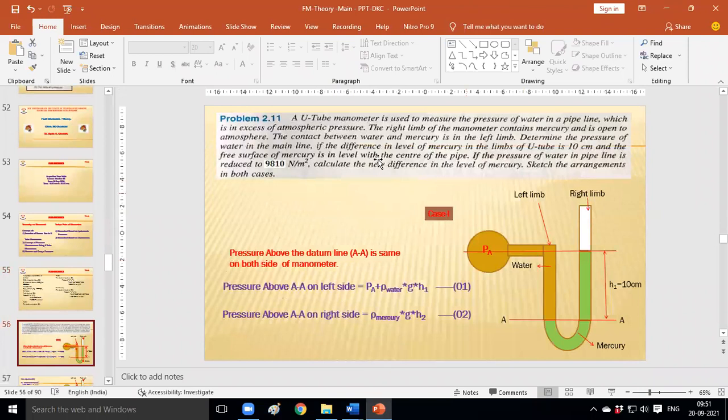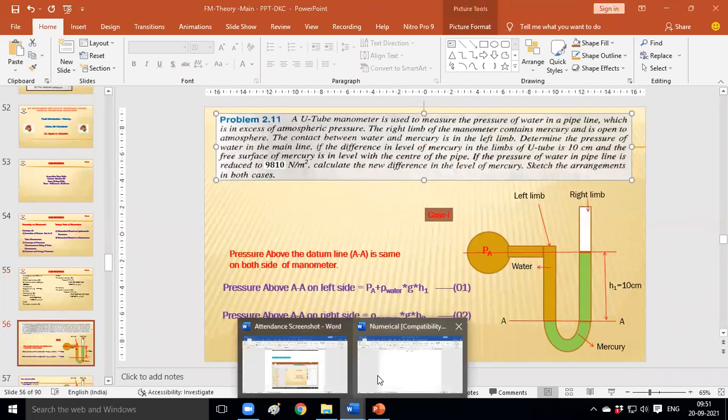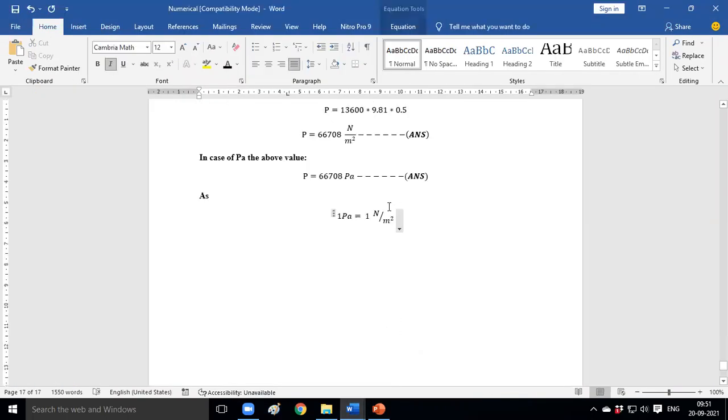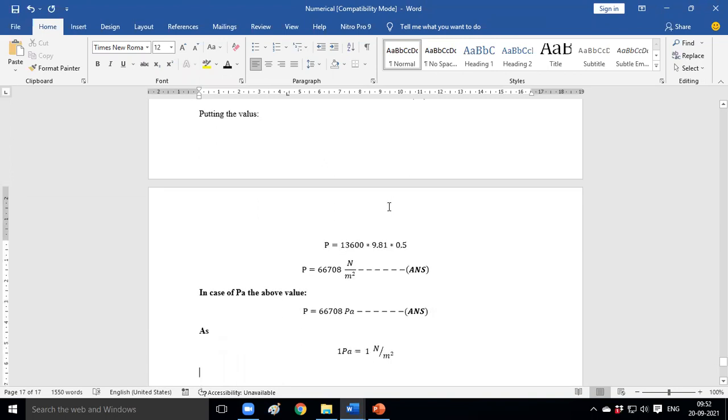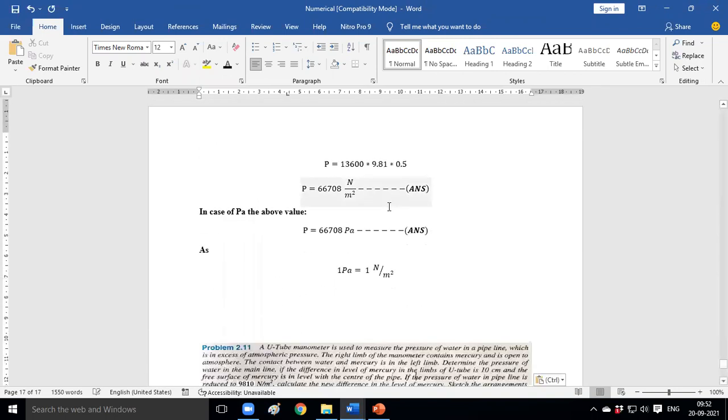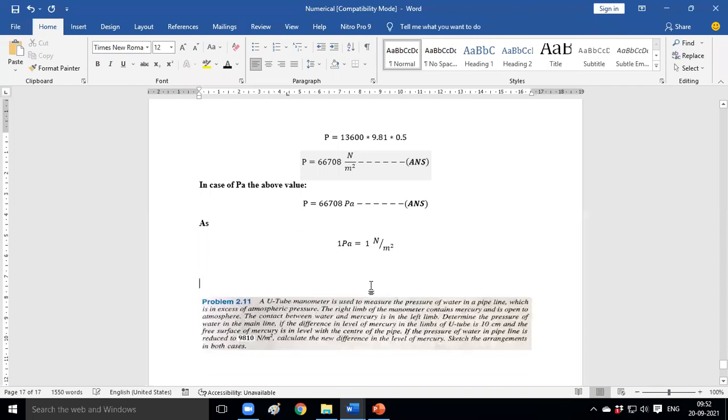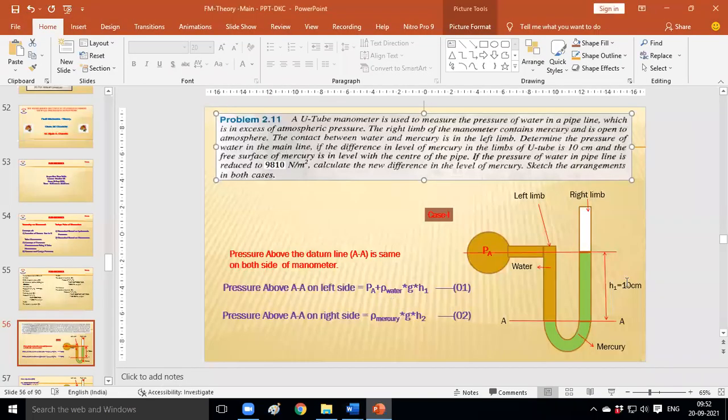You can solve this numerical. Is the numerical visible?